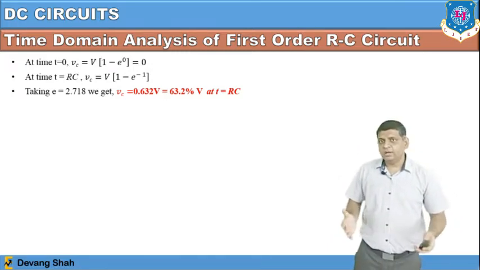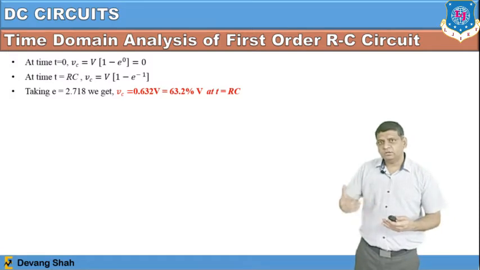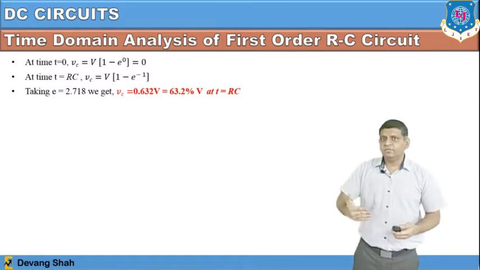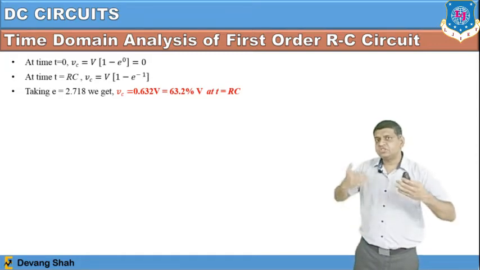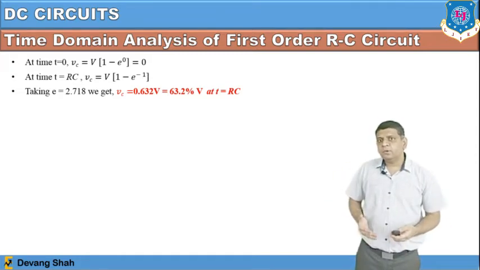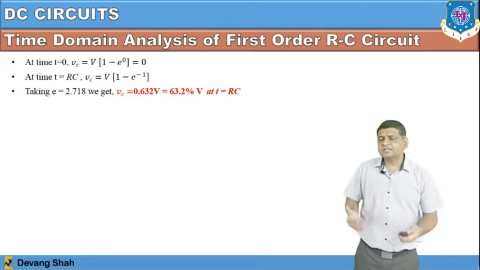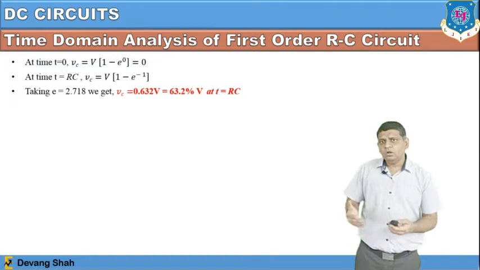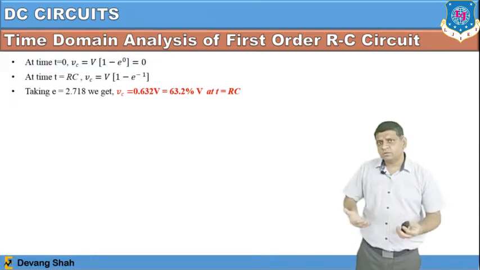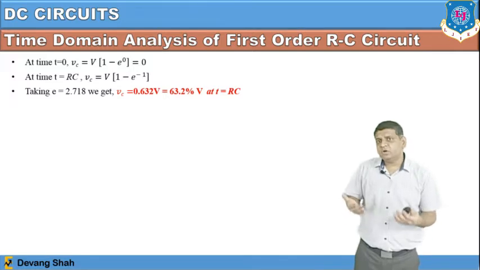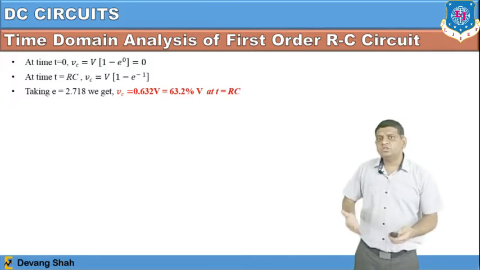So what does it mean? If I take time t equal to RC, that means the voltage across the capacitor as it is charging is 63.2% of the total applied voltage. That's why I consider RC to be the time constant. Now, how can you identify what t is in your circuit? t is nothing but the position of the switch.